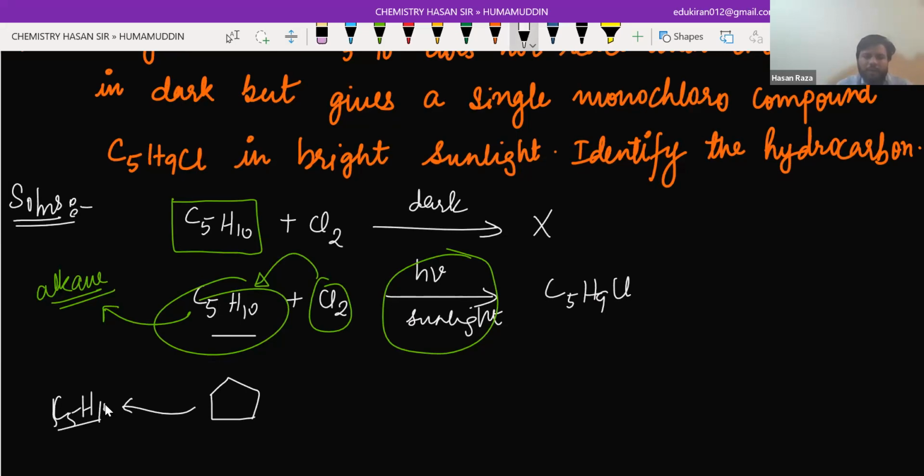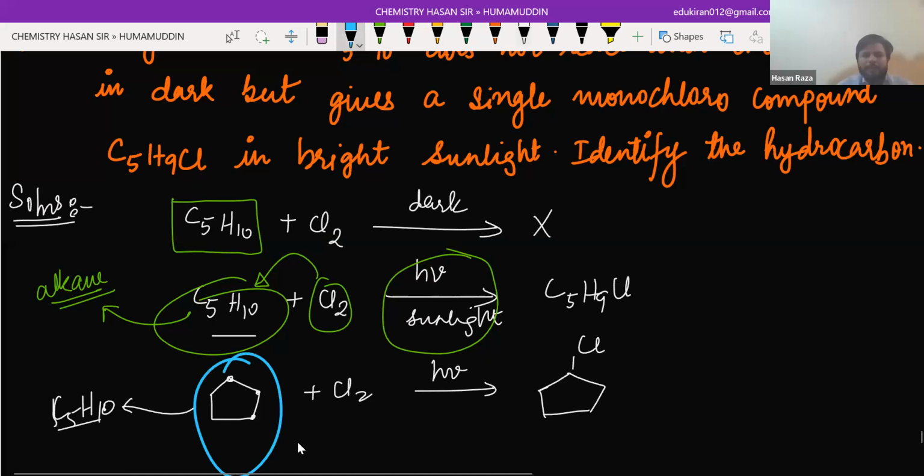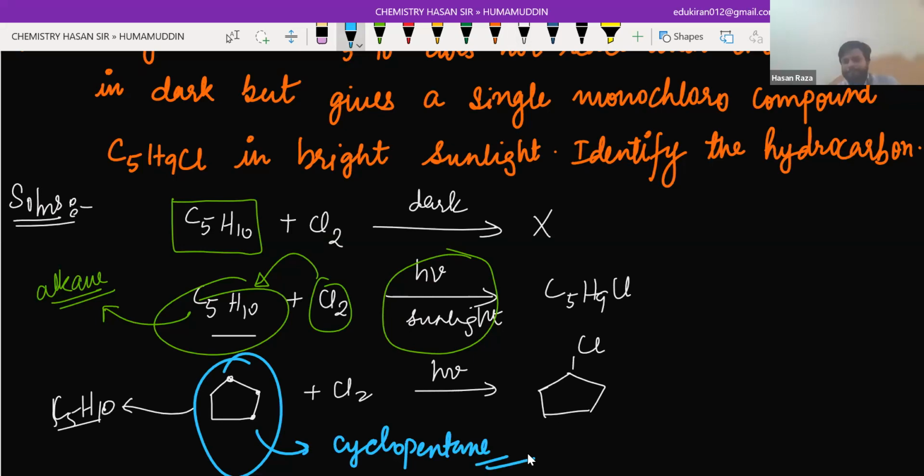When you react this with chlorine, one of the hydrogens can be replaced from anywhere, and you get the same product. So it will be a single monochloro product. So the hydrocarbon is your cyclopentane. Is that clear?